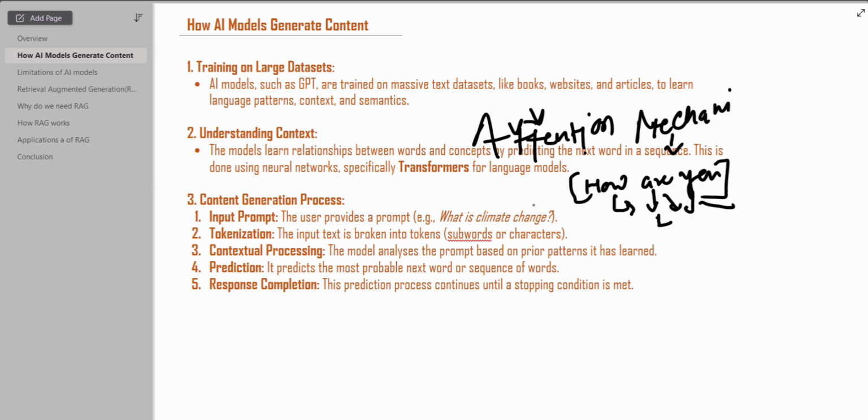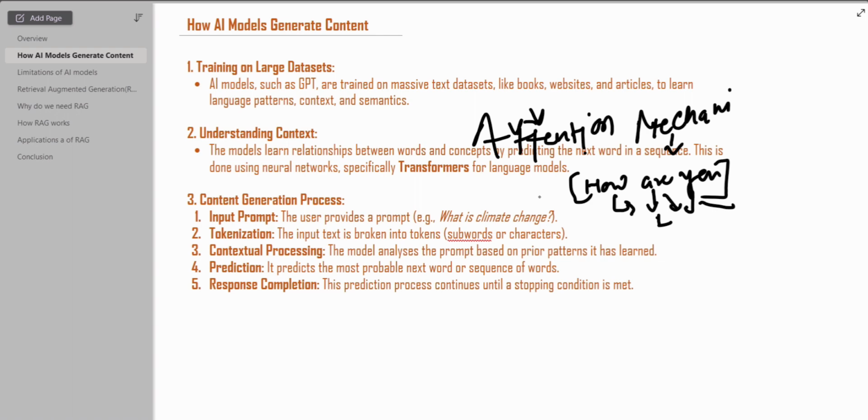So the transformer is an architecture that is used to understand the context, and it does so by applying a principle called the attention mechanism. The attention mechanism basically tells which word is important given a sequence. In this sequence, how are you, for are the most important word is you. So this is how the model understands the context.